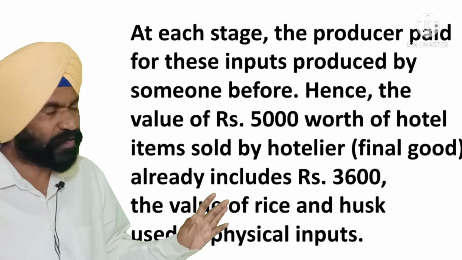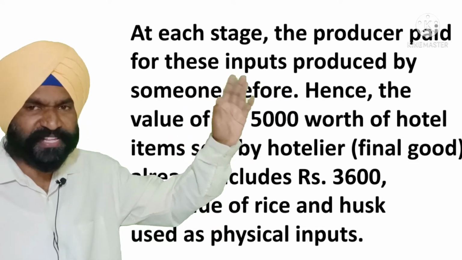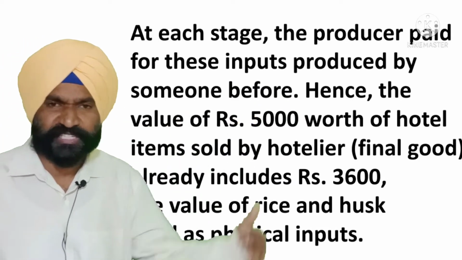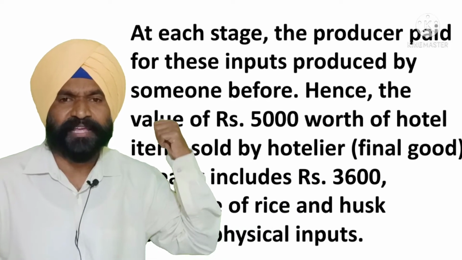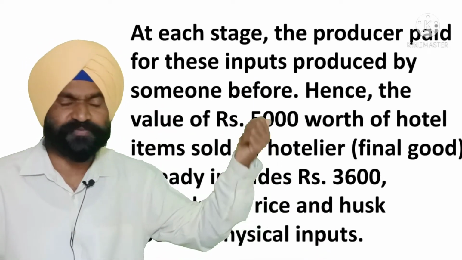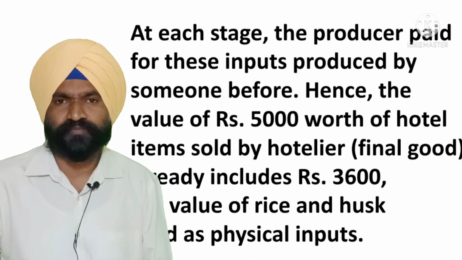For example, the value of the rupees 5,000 worth of hotel items sold by the hotelier, which is called the final good, already includes 3,600, the value of the rice and the husk, which are used as physical inputs, also called intermediate goods.